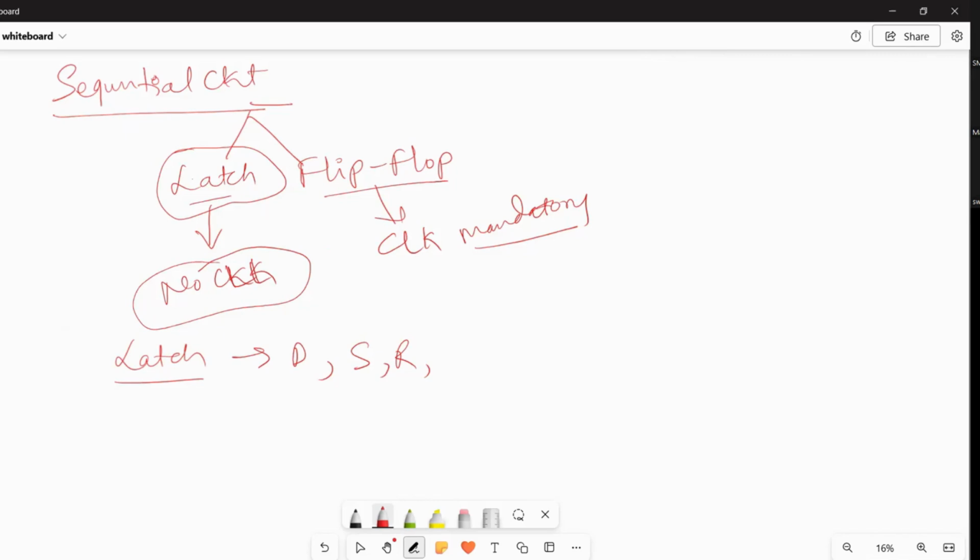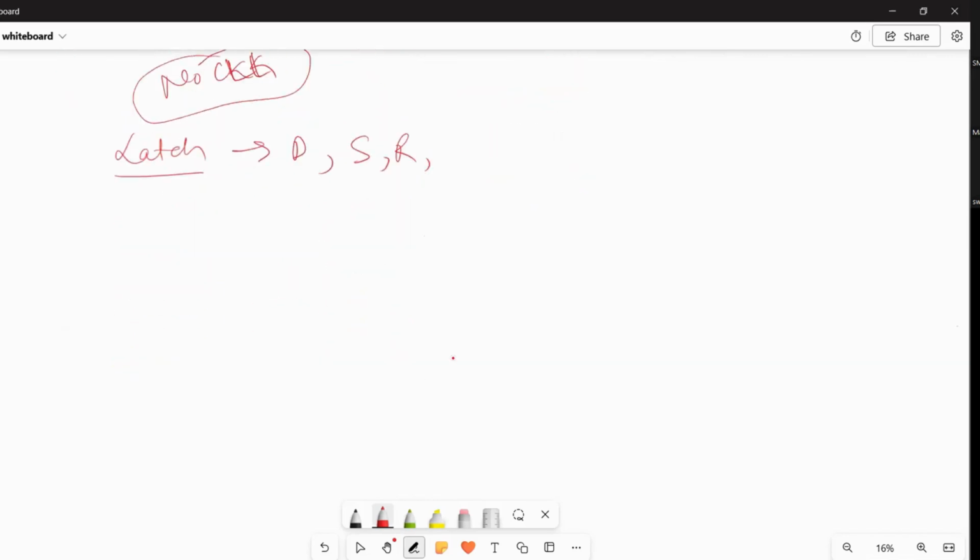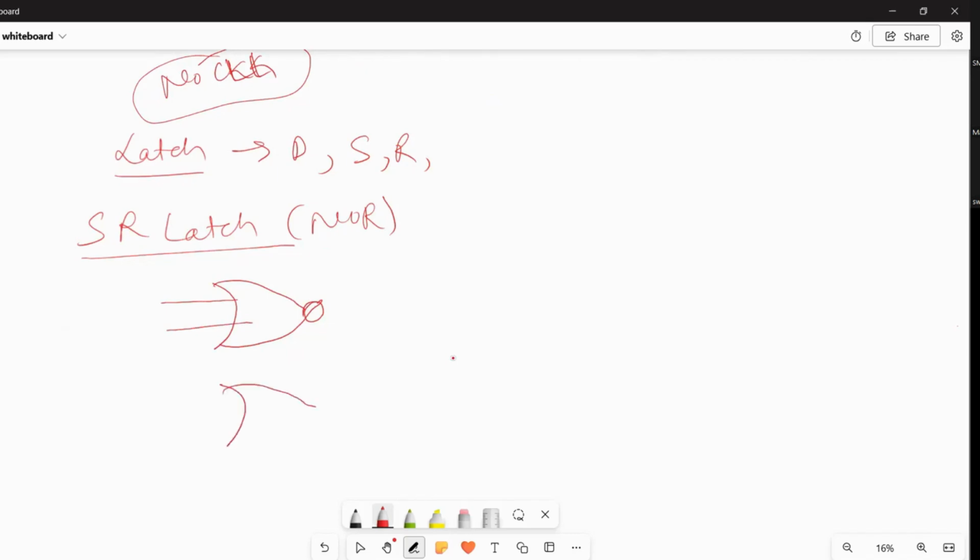Before going to discuss the SR latch, see, I'm using a NOR gate. You know about the NOR gate, right? This is a NOR gate. Let me consider one more NOR gate.